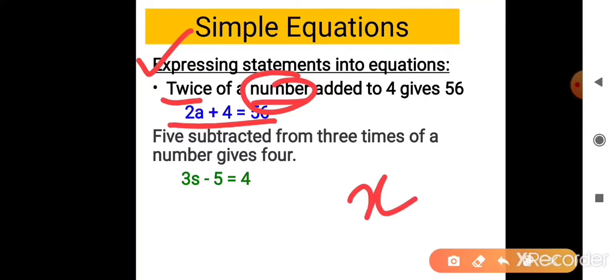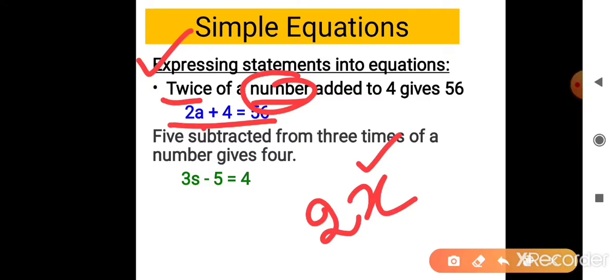Okay, so twice of a number. Now if our unknown is x, or let's say a, as you can see here, then we have to take twice of it. So twice can be found out by simply multiplying 2 to that number. So this becomes twice x, and then we have to add 4.